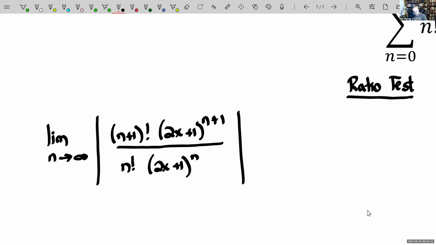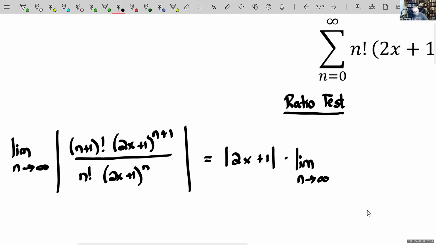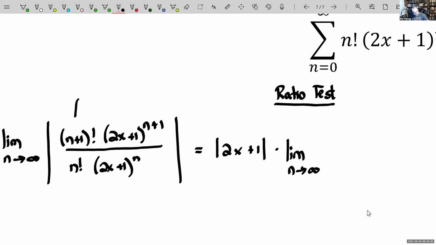The 2x plus 1s cancel, except you'll be left with a single power of 2x plus 1 in the numerator, which I will go ahead and factor out. And as far as factorials go, that n plus 1 factorial is n plus 1 times n factorial.